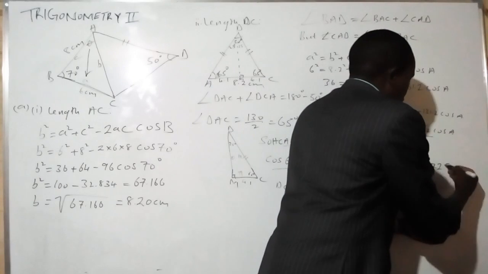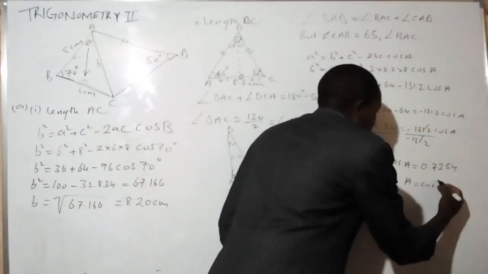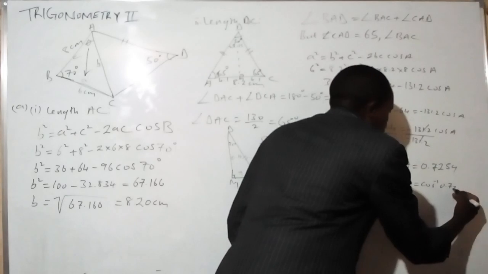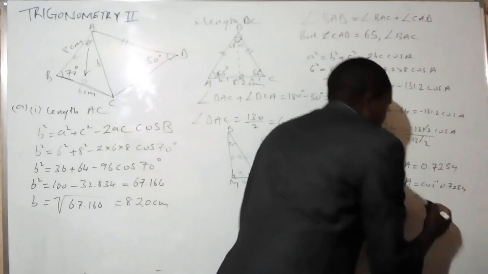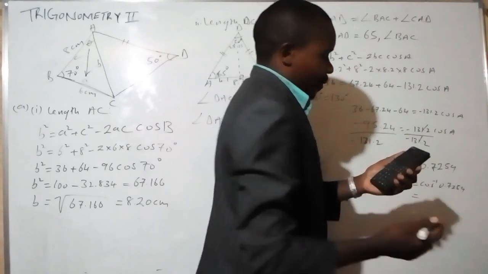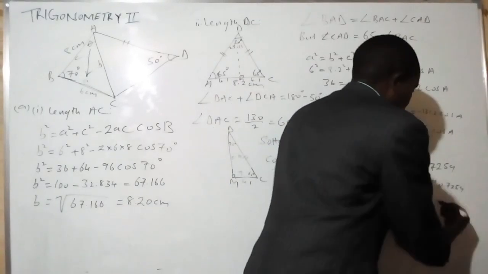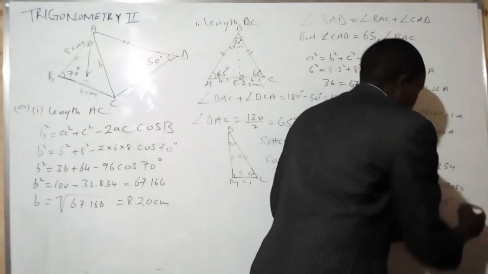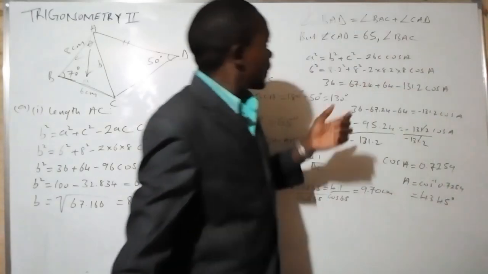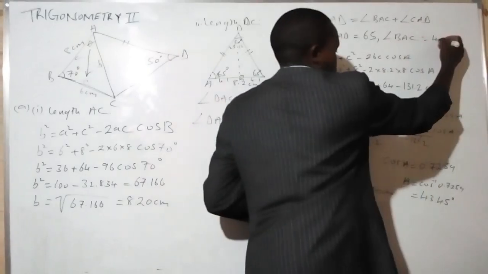You get 0.7259, and A is supposed to be the inverse cosine of 0.7259, which is 43.45 degrees. So BAC is equal to 43.45 degrees.